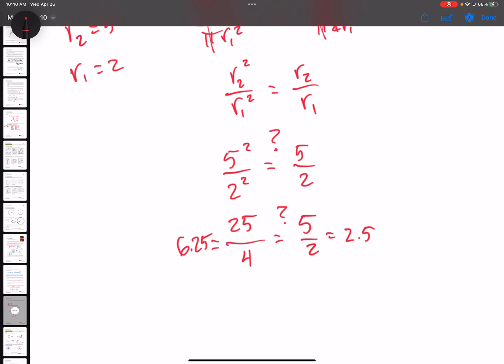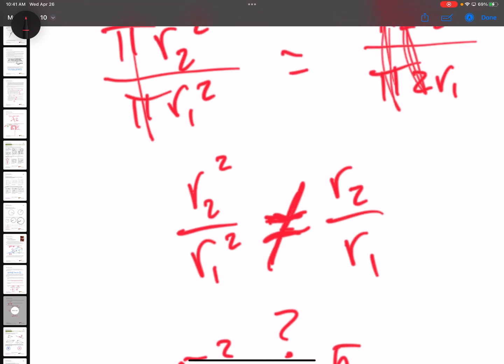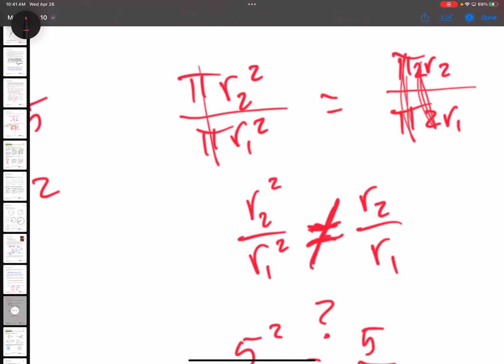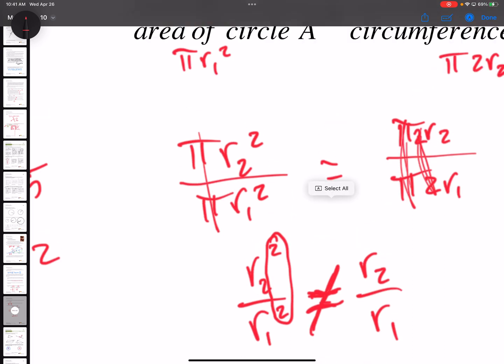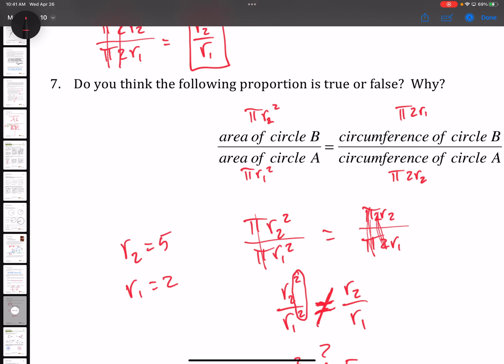Those are not equal. So r2 squared over r1 squared is not the same as r2 over r1. We can't cancel out squares like we did pi and 2. So when we're multiplying an r times an r, that is not a proportion.